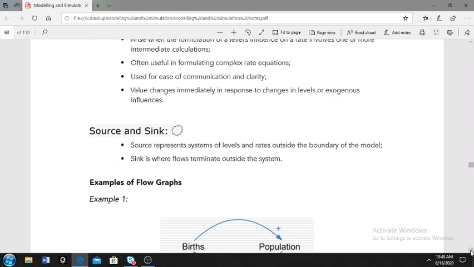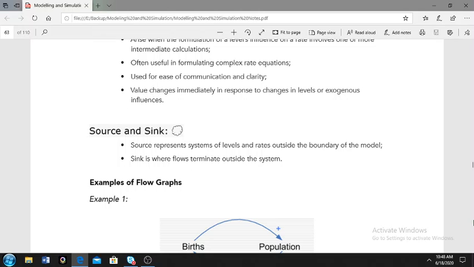And then we have the source and the sink. They are represented like this: source and sink. Source means the starting point. A source represents the system of levels and rates outside the boundary of the model, the outside. A sink is where flows terminate, also outside the system.